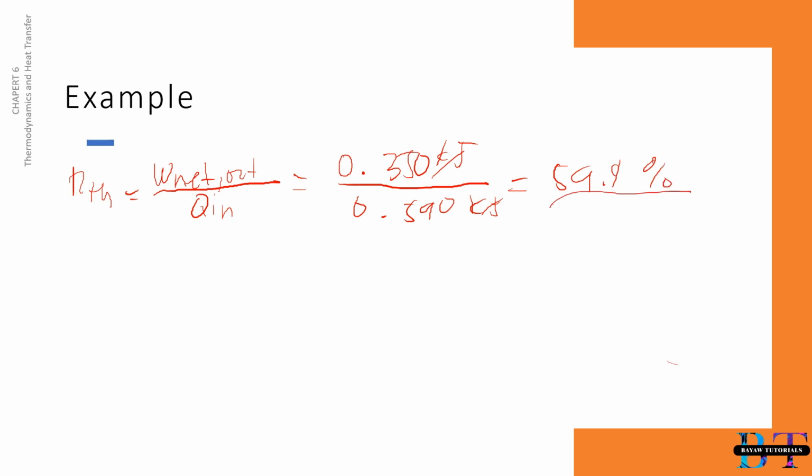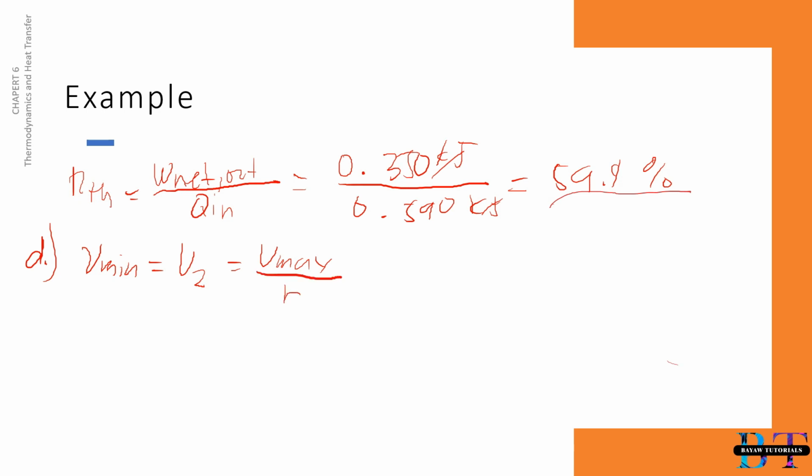So our letter D. The minimum volume is equal to volume 2, which is equal to V max over our compression ratio.